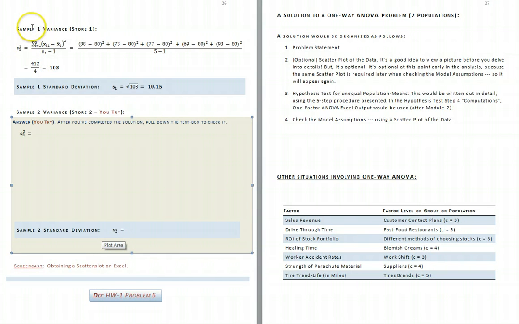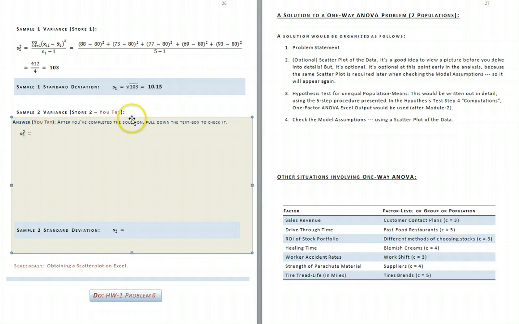To compute the sample 1 variation, we simply take each observation, subtract off the sample 1 mean for all 5 of the observations, and you might remember when you compute a sample variance, you divide by n minus 1, in this case 5 minus 1, which comes out to be 103. To get the sample 1 standard deviation, you take the square root of the variance, in this case 10.15.